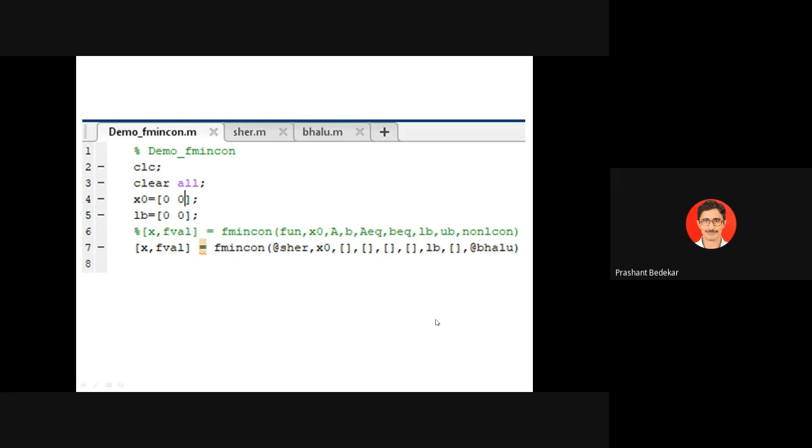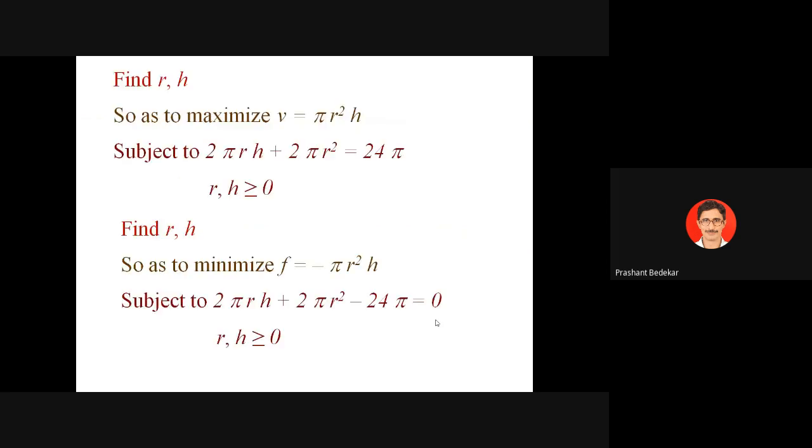One more thing, that if your problem doesn't contain any nonlinear constraint, then you can avoid writing that file nonlcon. In that case, if upper bound is also not there, then you can close the parenthesis after lower bound. But we can see that our problem contains a nonlinear constraint.